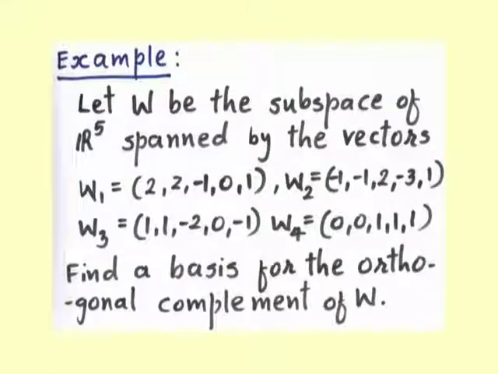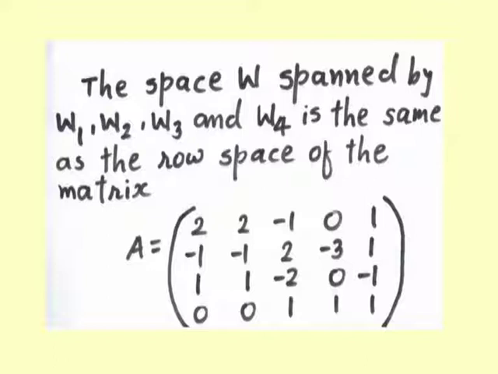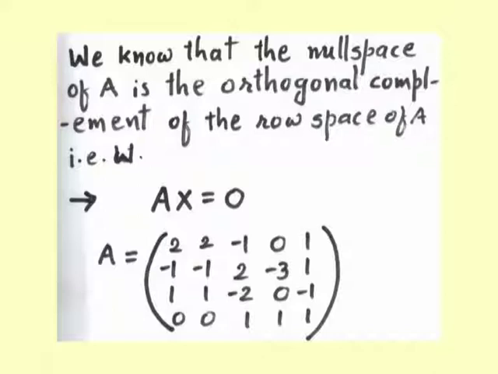First of all, W is spanned by the vectors W1, W2, W3, W4, which is the same as the row space of this matrix A, and we know that the null space of A is the orthogonal complement of the row space of A, that is W. So to find the null space of A, we have to find the solution space of AX equal to 0.